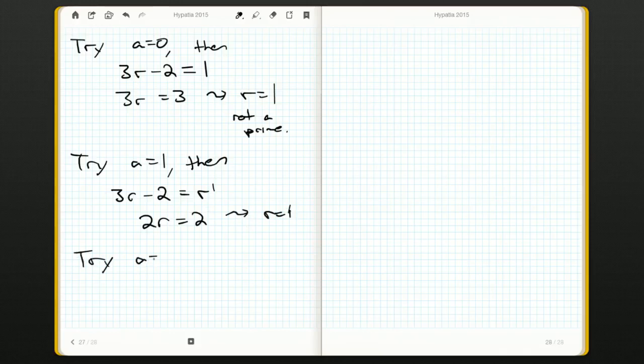Let's try one more. I remarked already that one equation sort of looked like a quadratic when we rearranged equation 1. So maybe, just maybe, we get a quadratic.